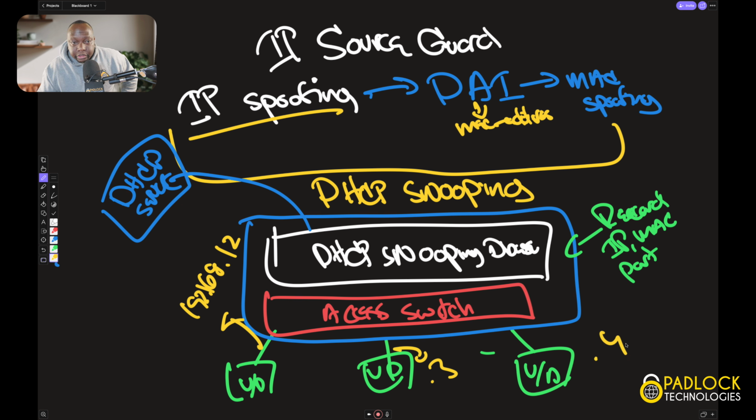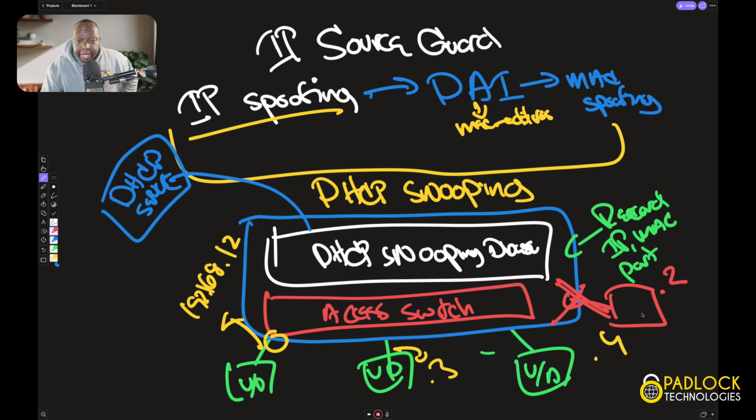So it will say, I know that the IP address 192.168.1.2 is on this port here, based on the entry that I have in the DHCP snooping database. If a malicious bad guy plugs in and tries to take over .2, it will deny this traffic because it will say, wait a minute, you're saying you're .2, but I know .2 is actually on this port.